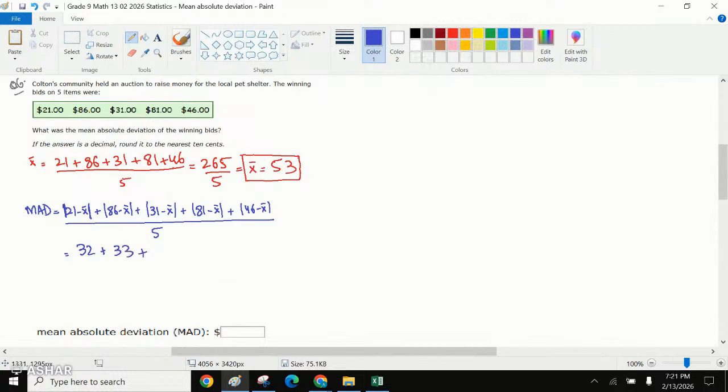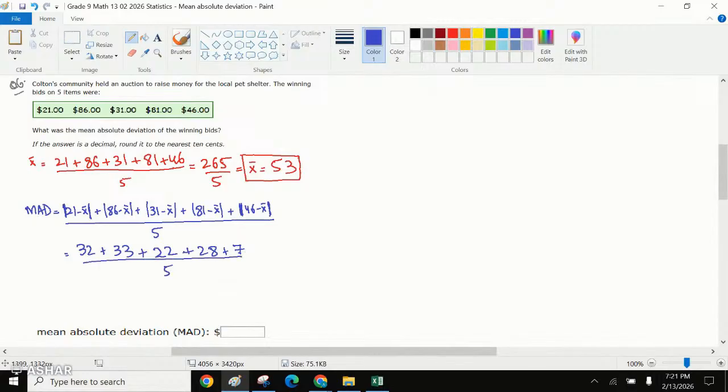31 minus 53 is 22 with a negative. Because of the absolute function, we write a positive. 81 minus 53, positive 28. And 46 minus 53 would be negative 7. But because of the modulus function or absolute function, we write it as a positive divided by 5.